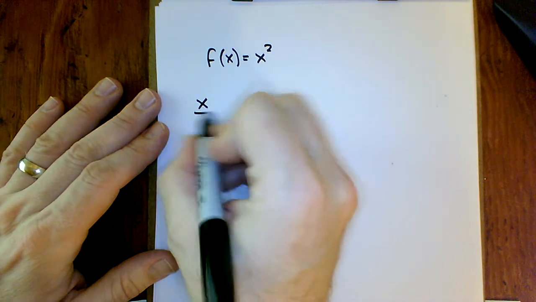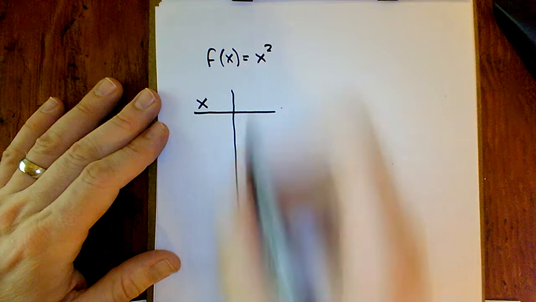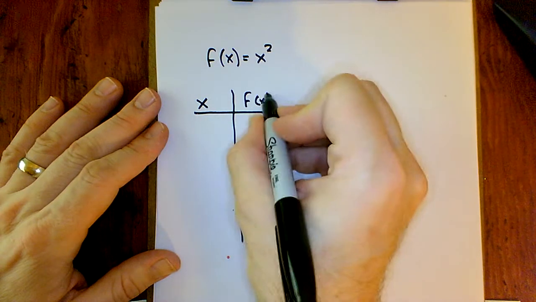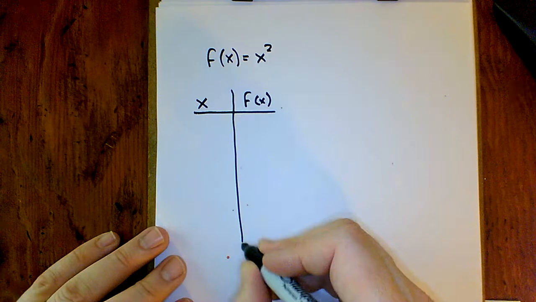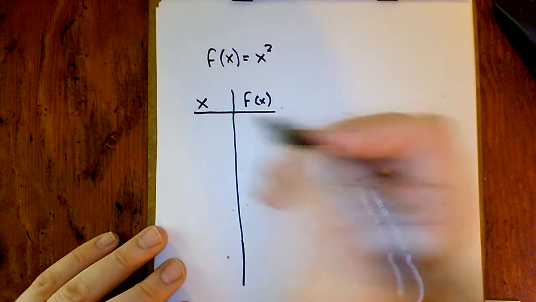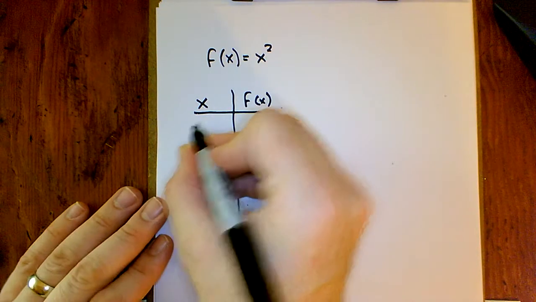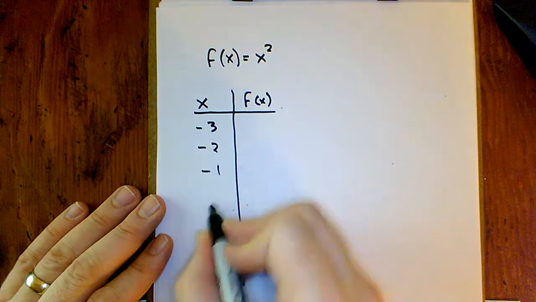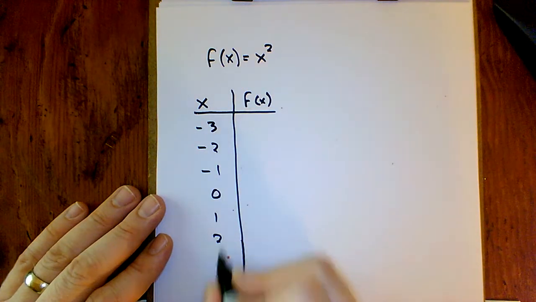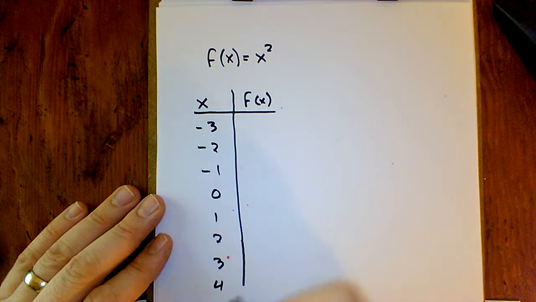So we've got our x, and we've got our f of x, and I'm going to do a number of values here. I can go from, say, -3, -2, -1, 0, 1, 2, 3, and I'll even go up to 4 over on this.